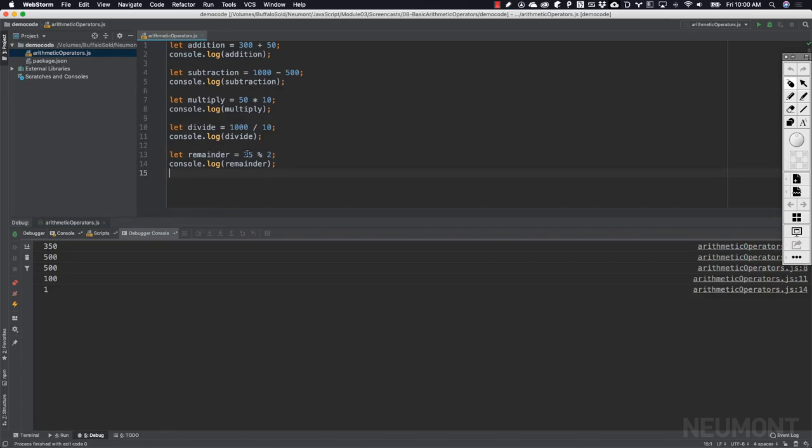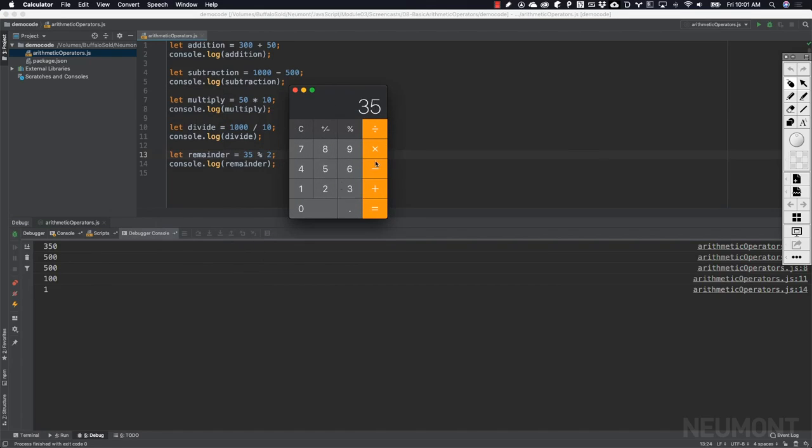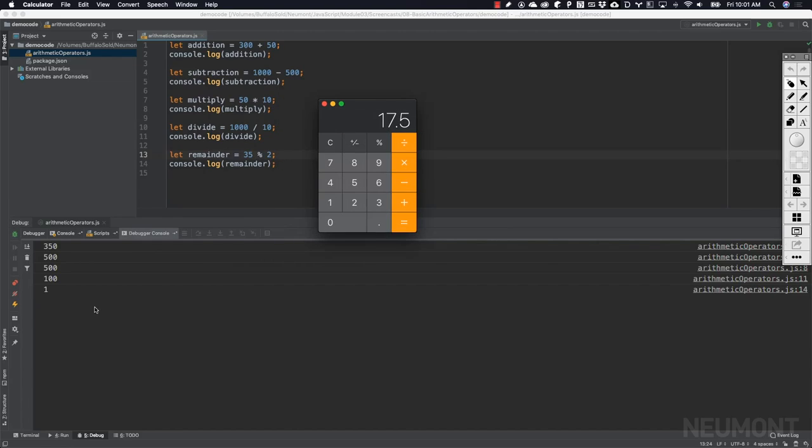If we open up our calculator and do 35 divided by 2, we get the 17.5, which we saw before. So let's take 17 and multiply it by 2. That gets us 34, and then if we subtract 35 from it, we have a remainder of 1.